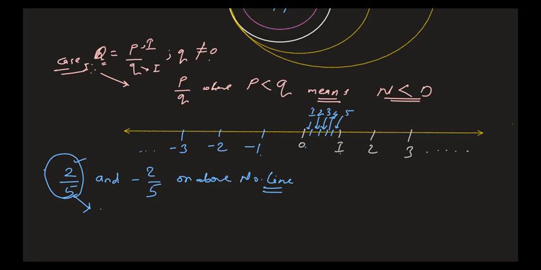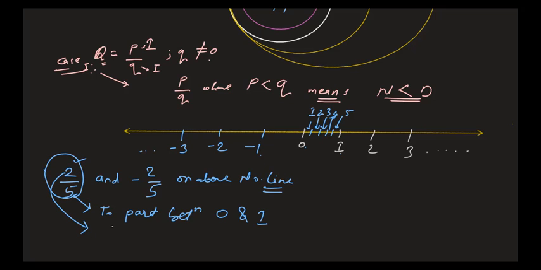So this 5 is the total parts between 0 and 1. How many parts must we take here? 2 parts.